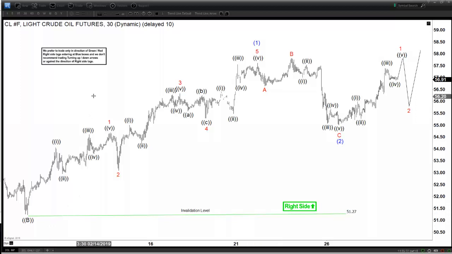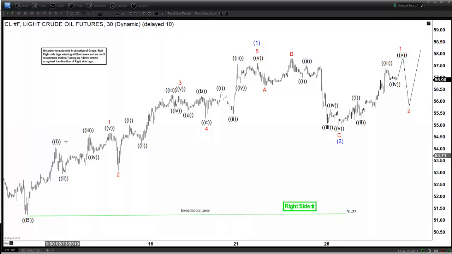We are looking at the chart of the oil futures 30 minutes chart, so a short-term chart here, and we can see right here that from this low on February 12th at $51.27 we have a rally that looks like an impulse.